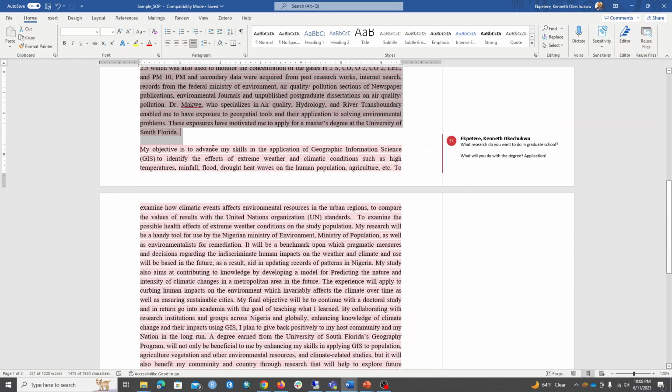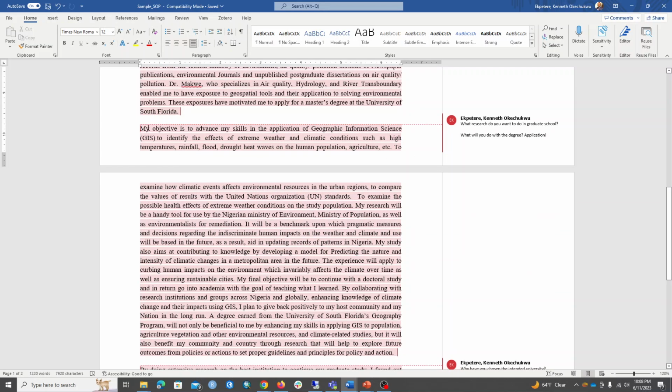In the next paragraph, this person covered what research you want to do in grad school, right? And this is very important. Okay, let's look at this. What will you do with the degree and all that? My objective is to advance my skills in the application of GIS, right? To identify the effect of extreme weather and climate conditions such as high temperature, rainfall, flood, drought, heat waves on the human population, agriculture.